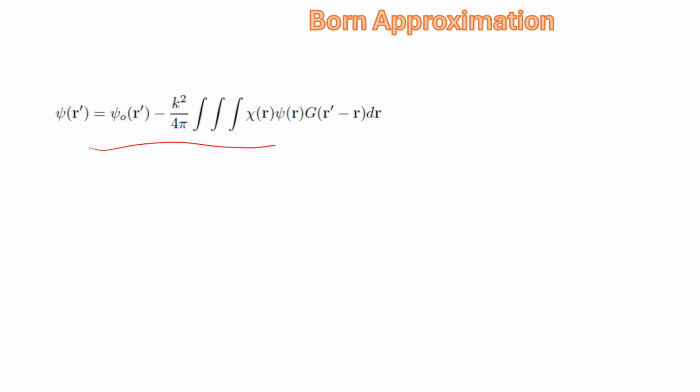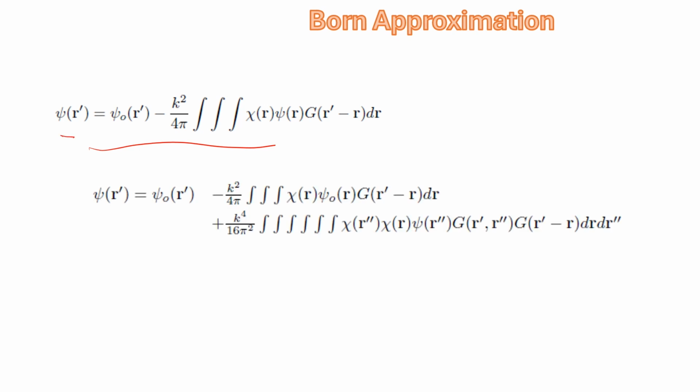So this is basically the integral form of the wave equation. We can take psi as generated from this integral form and substitute it into the equation to get an expansion. So we've replaced psi here with its integral form. Now we have psi naught scattered by the Green's function plus a second order term of the wave field itself scattered by the Green's function.